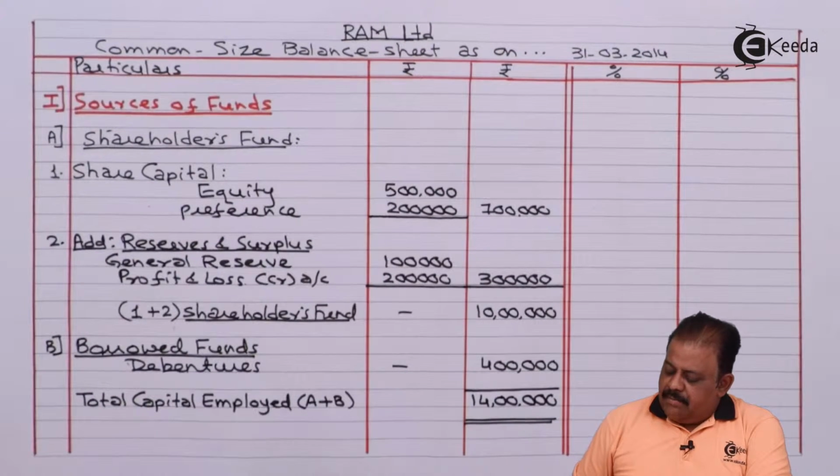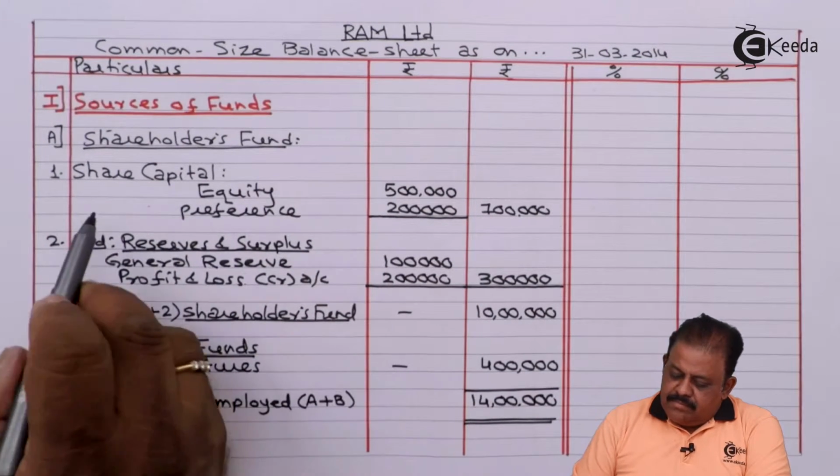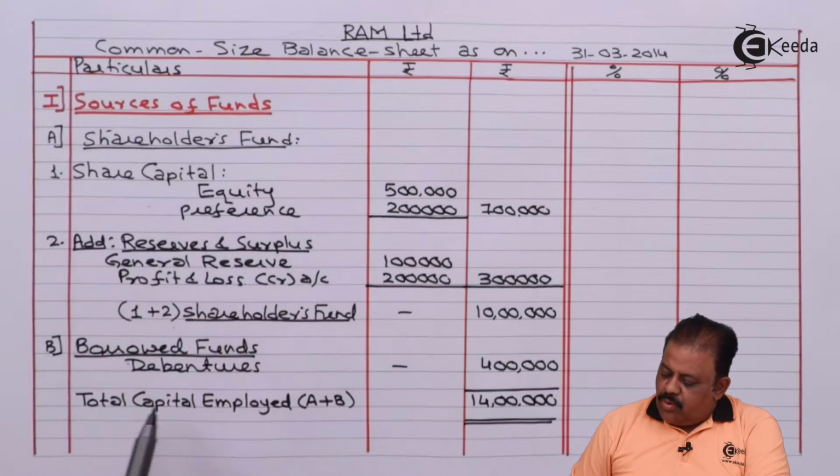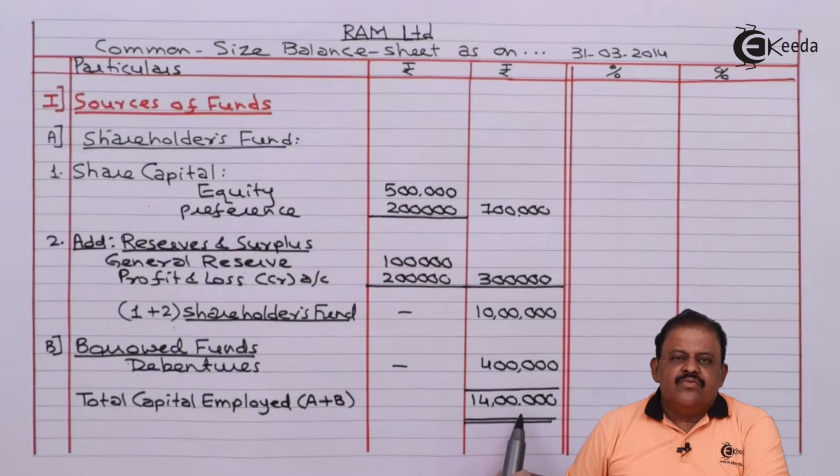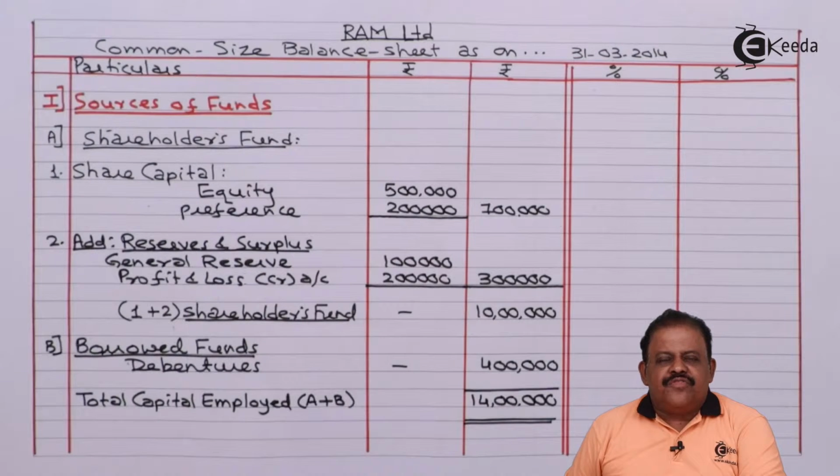Thus total capital employed we have shareholders fund plus borrowed funds, total amount is 14 lakhs. We have completed first part of the balance sheet. Let us proceed for the second part, that is application of funds.